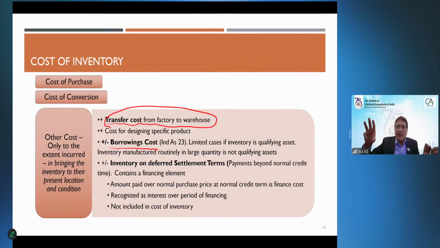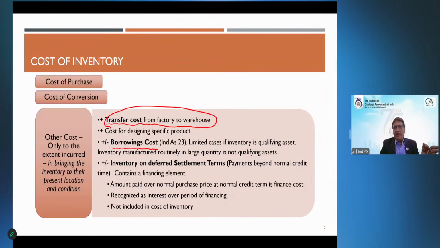But in Ind AS 23, the reference for inventory is not there. The reference for inventory is in Ind AS 2. Ind AS 2 clearly tells that if there is a borrowing cost related to items which are manufactured in large quantity and routinely, then the borrowing cost cannot be capitalized.